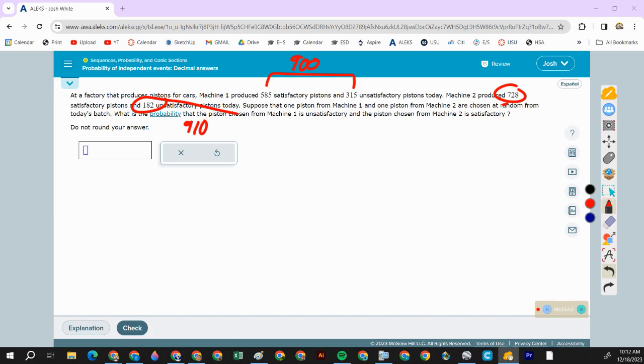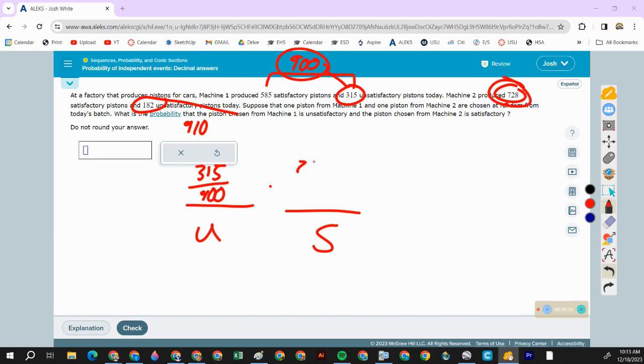What is the probability of machine 1 being unsatisfactory and machine 2 being satisfactory? That would be 315 out of 900, and then 728 over 910. Does this depend on that?